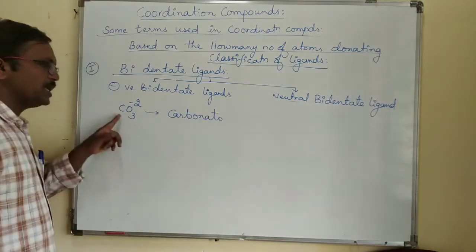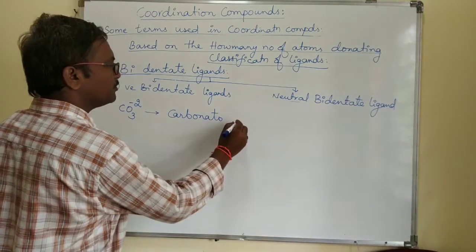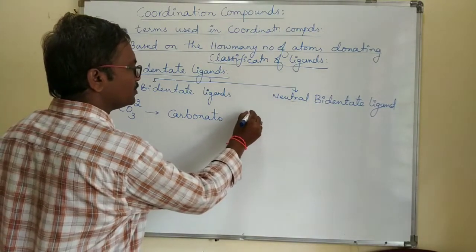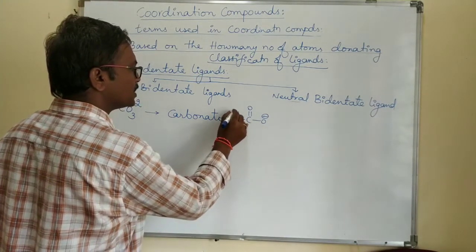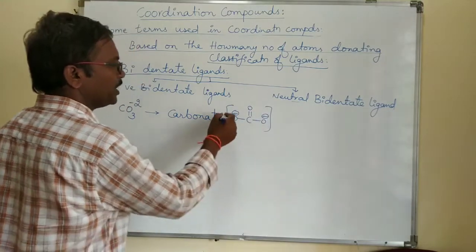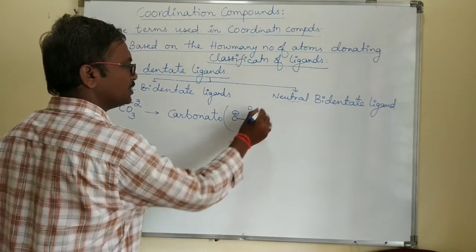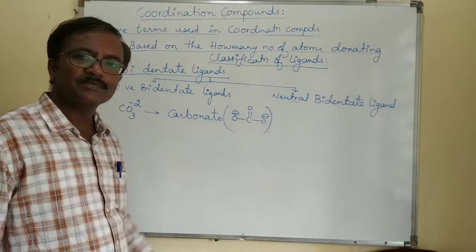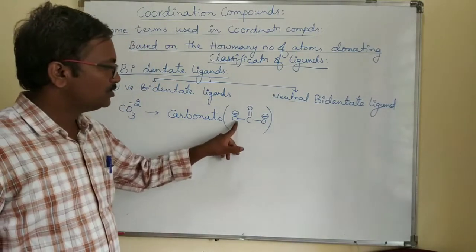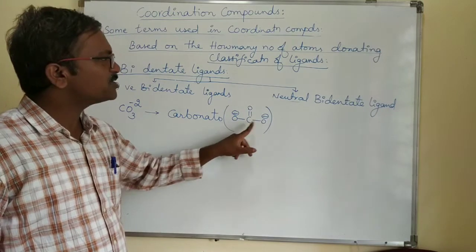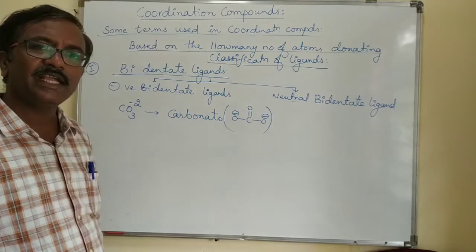How many atoms are donating the electron density? Two atoms. In the carbonato structure, C double bonded to O, with O minus. Here an oxygen atom is donating, and here another oxygen atom is donating. So two atoms are donating the electron pairs. That's why it is a bidentate ligand.